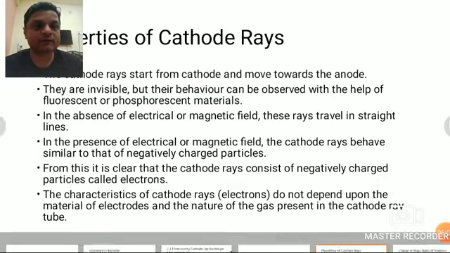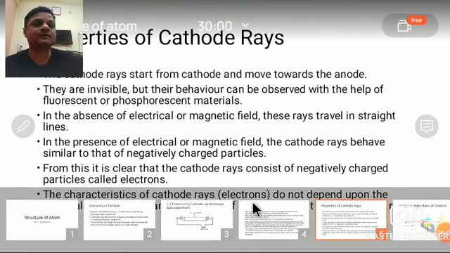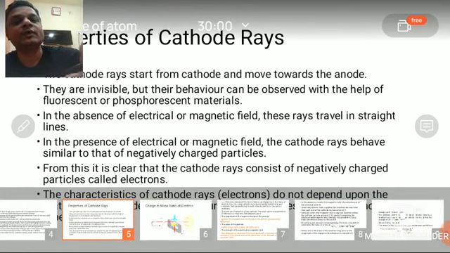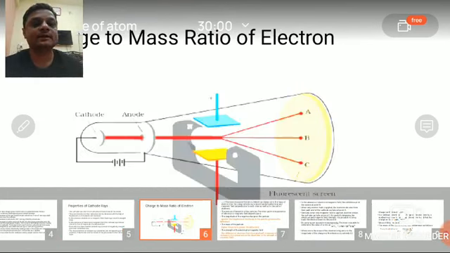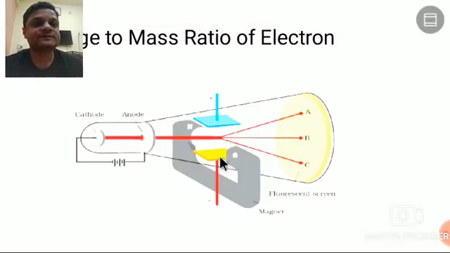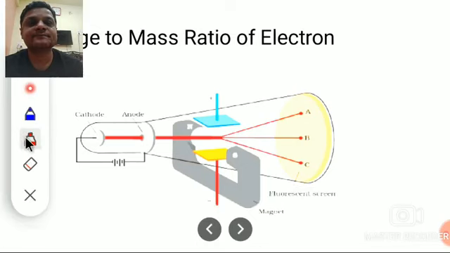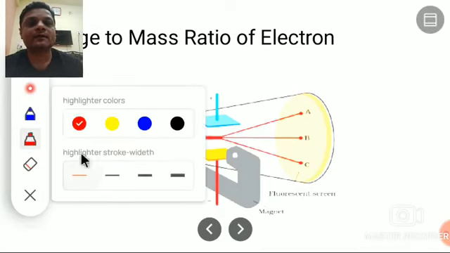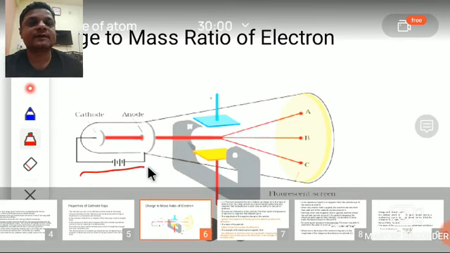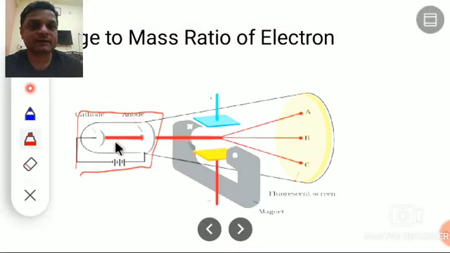Now we can go to the next slide, where the experiment has been modified. This diagram is the initial setup of the experiment, where cathode rays are developed. There is a cathode and anode, and high voltage is given at low pressure.